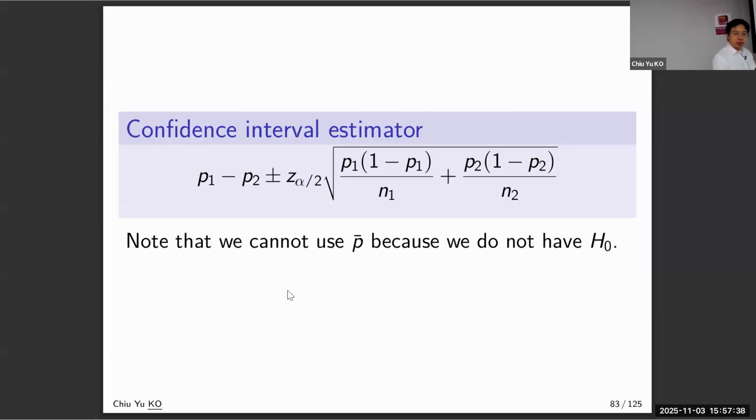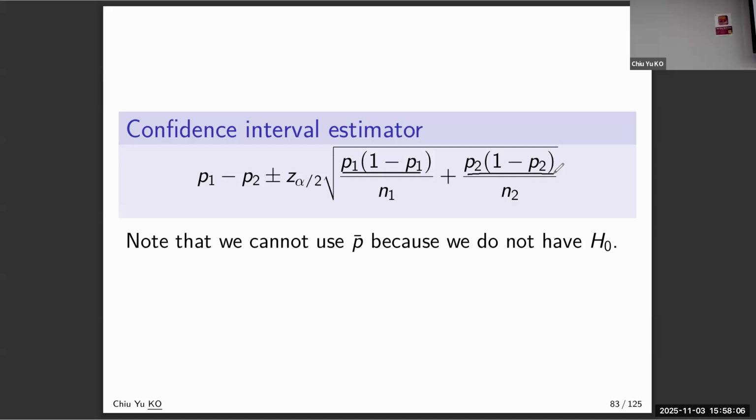But be careful. The tricky thing is when you have an interval estimator. We can't use P bar here. Or classically, they don't use P bar here. They still keep them separate.